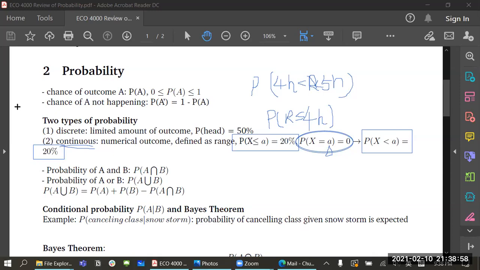Okay, all right. So understanding discrete and continuous are important. And in this semester, we are basically only talking about continuous. We're basically only talking about one specific continuous distribution, which is the normal distribution. So we'll get there.